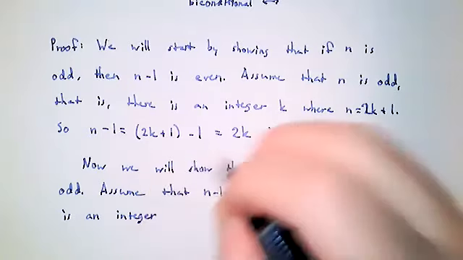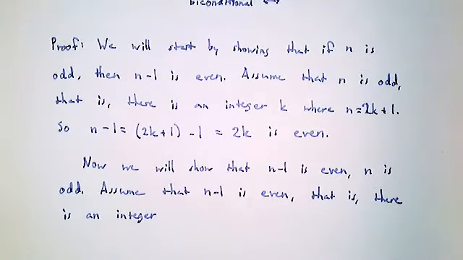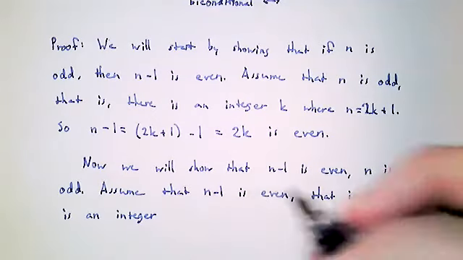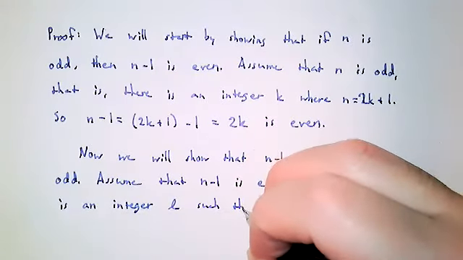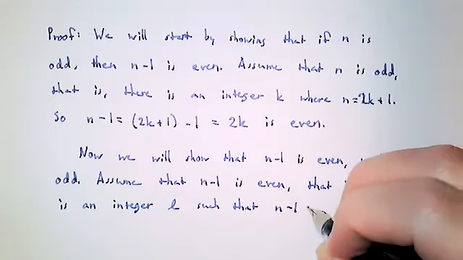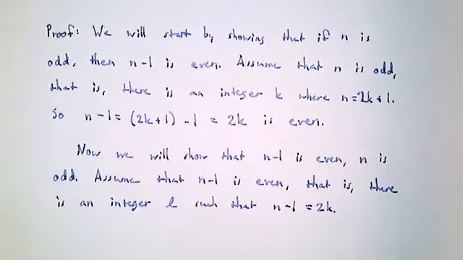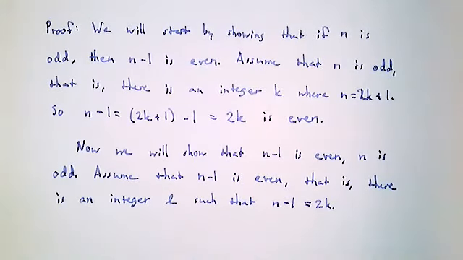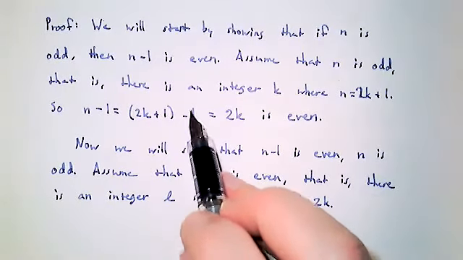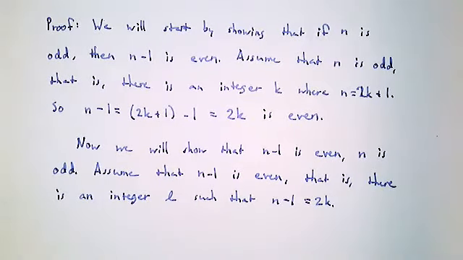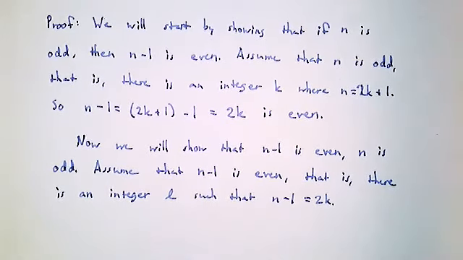We've already used the letter k, so we can just go to maybe the next letter in the alphabet, maybe letter L. And when you're writing a proof out by hand, it's a good idea to use the cursive L instead of the print L, because it's impossible to tell the difference between a 1 and an L if you're just writing it most of the time. So try to use the cursive version.